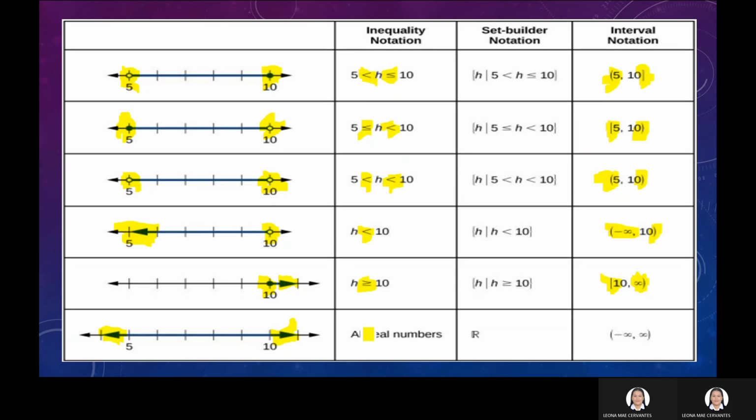So for inequality notation, we have all real numbers, since it is continuous on both sides. Then set builder notation, we have R, which stands for real numbers. Again, since it is continuous on both sides, we have negative infinity to positive infinity.